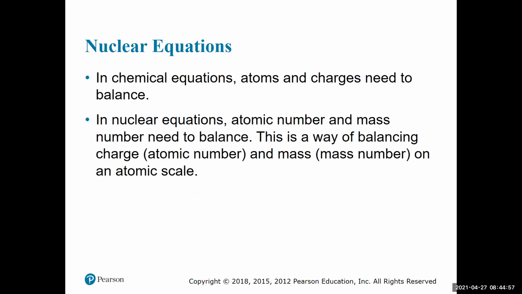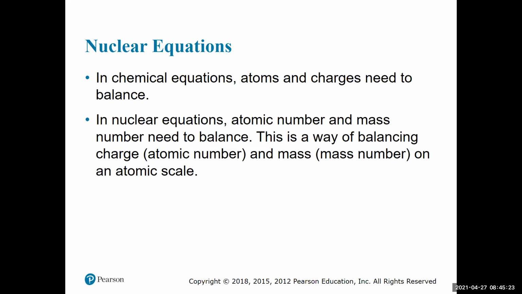So, as I said previously, for chemical equations, we balance atoms and charges, okay? In the nuclear ones, it's atomic number and the mass number that need to balance. And so this is kind of like doing this balancing on an atomic scale.